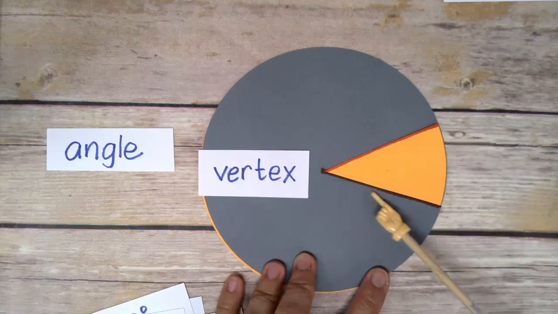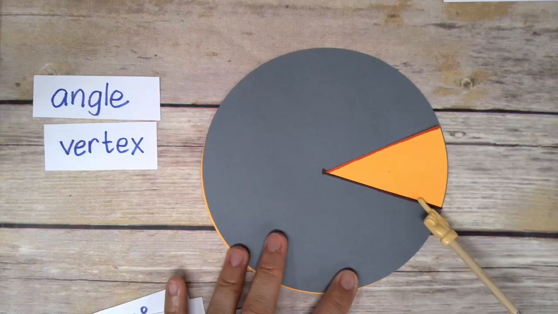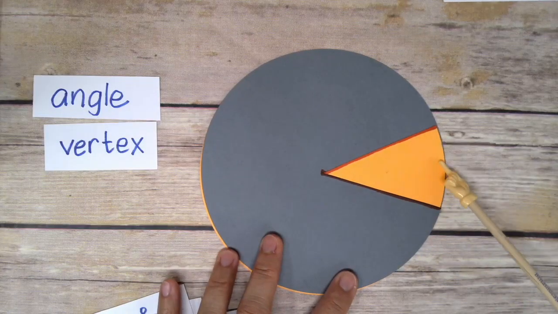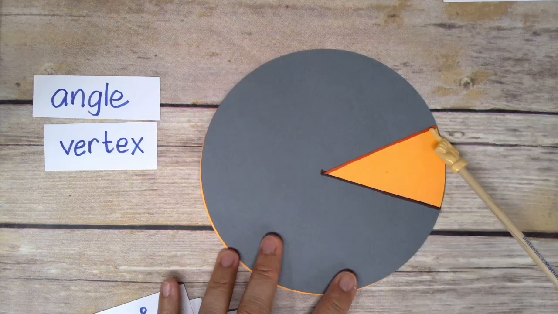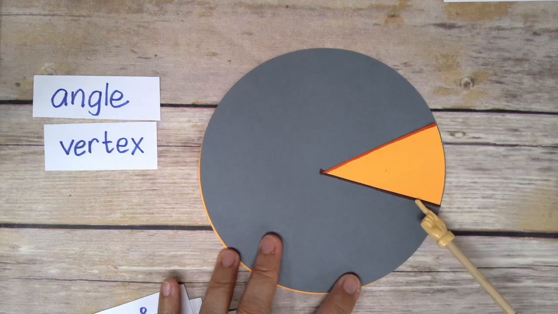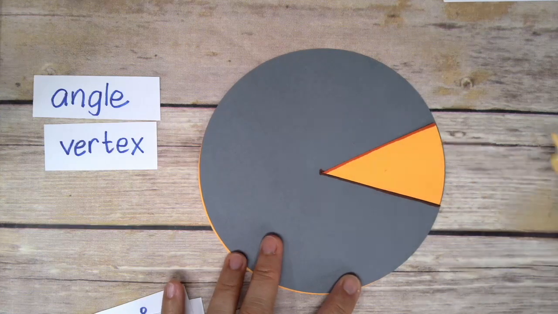of this angle. The size of the angle is measured in terms of the amount of rotation this line segment makes from its initial position to its terminal position.